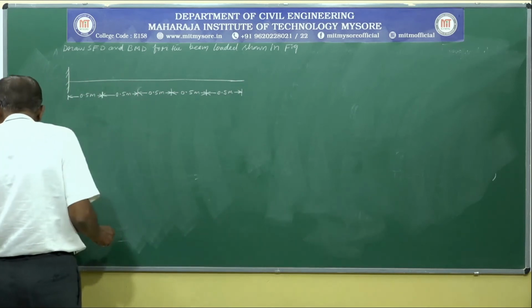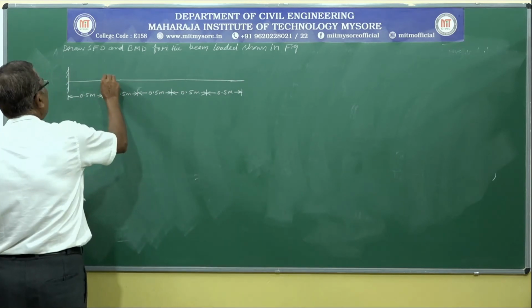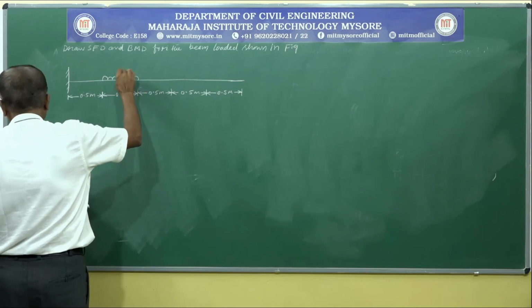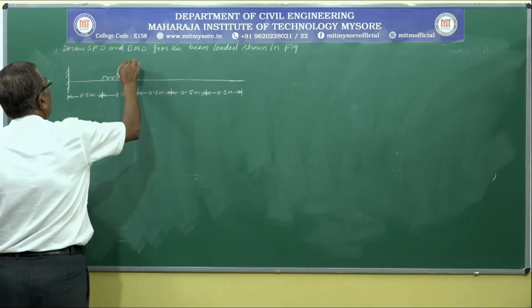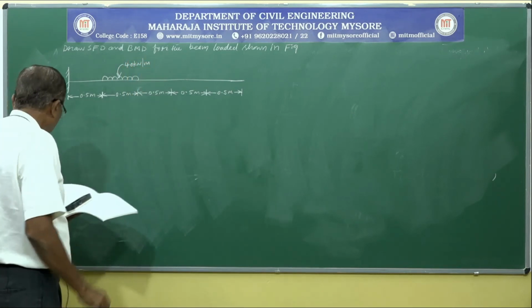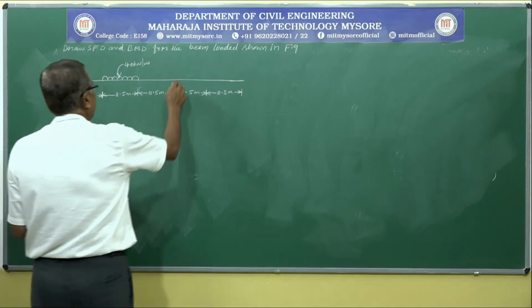Now this cantilever beam is subjected to a uniformly distributed load of intensity 40 kilonewton per meter over a length of 0.5 meter.